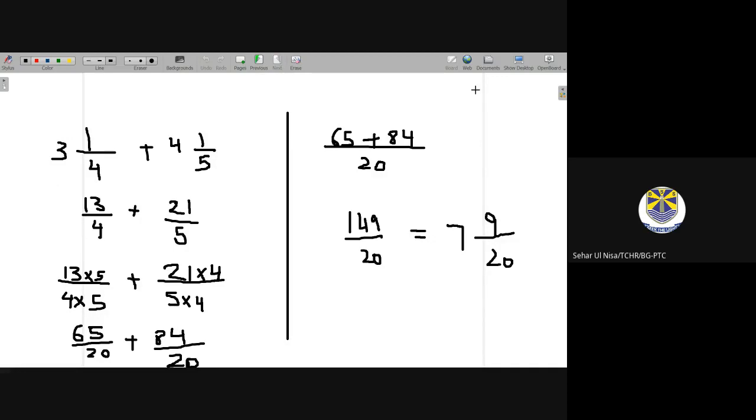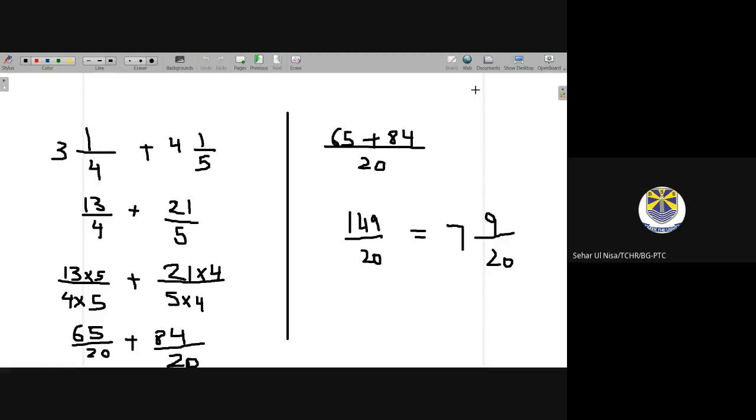Okay, which method is easier? Previous one. The previous one is easier. I also feel that method is easy because you have to perform 3 to 4 steps. In this way you find the common denominator by taking LCM, and then you convert it, and then you just add them.